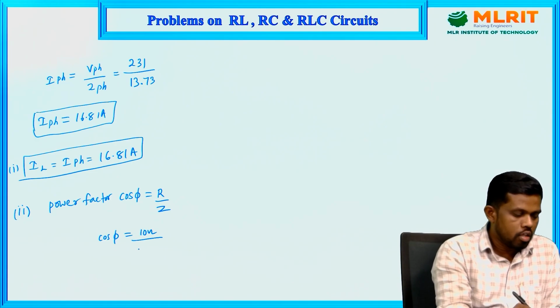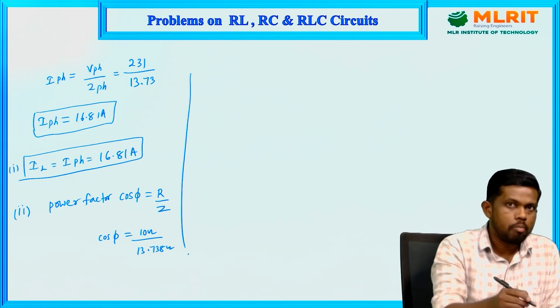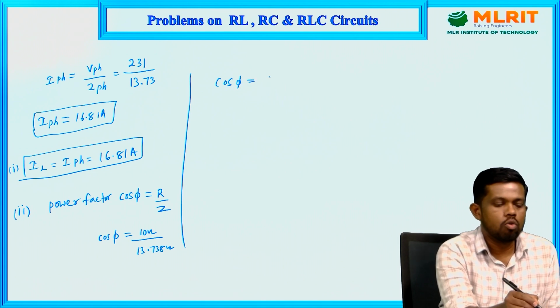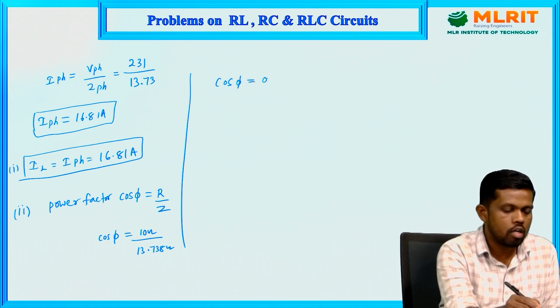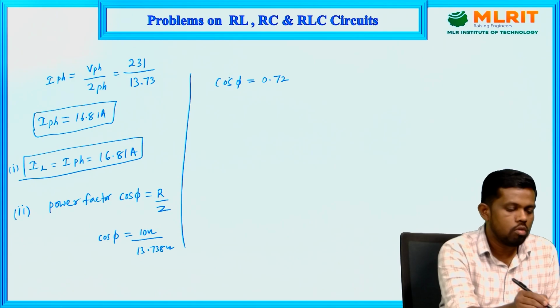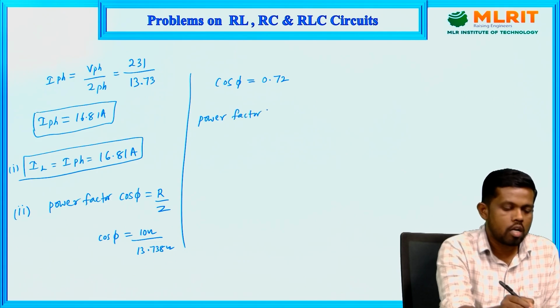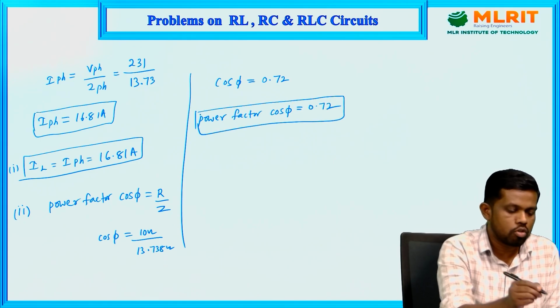Divide by Z, which we got as 13.738 ohms. After simplification, the power factor cos phi is 0.72 lagging. So the power factor of the star connected balanced network is cos phi equal to 0.72. This is the end of question number 2.